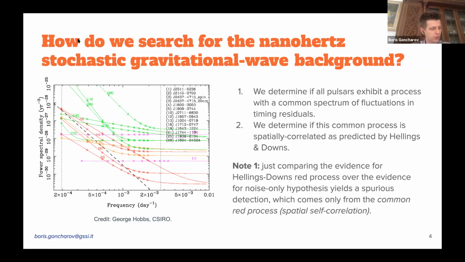With more pulsars, we have better constraints on spatial correlation, which is definitely a definitive signature of the gravitational background. But it's good to compare the results and discuss this common spectrum in more detail, and that's what I will try to do in my talk. All right, moving on.